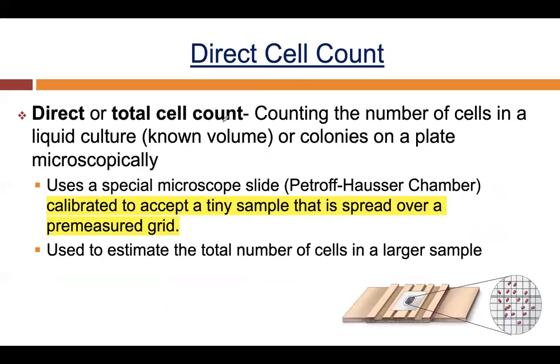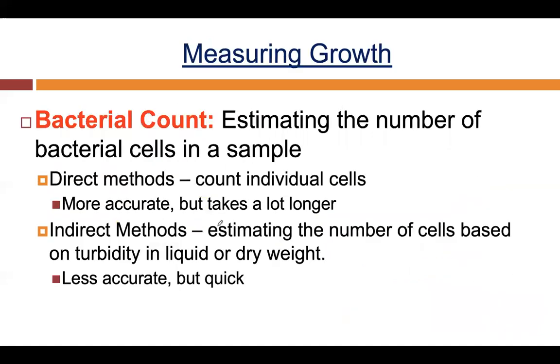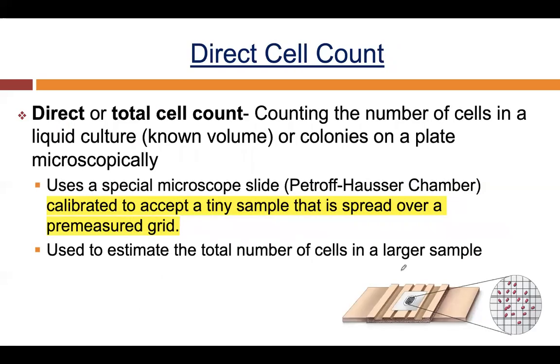When we are talking about the direct total cell count or indirect count, over here we are talking about the viable count. Viable count means when bacteria are alive. So basically how many living bacteria are there, that's what we are going to count.